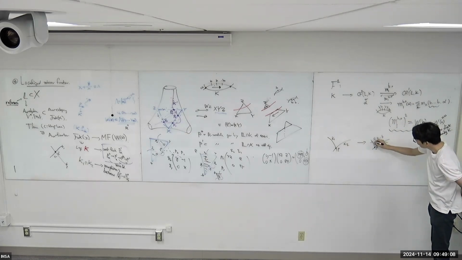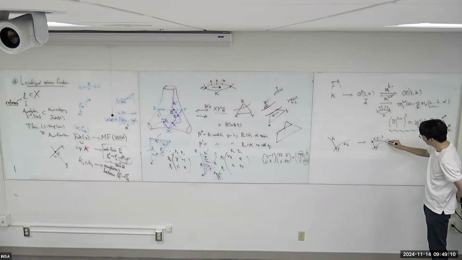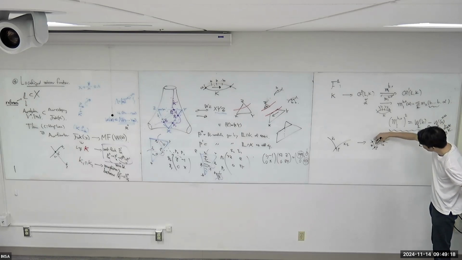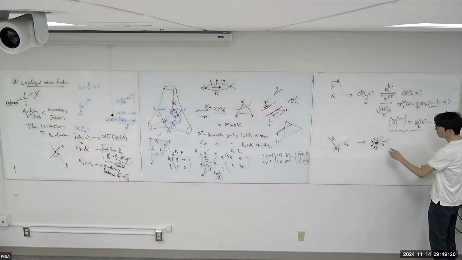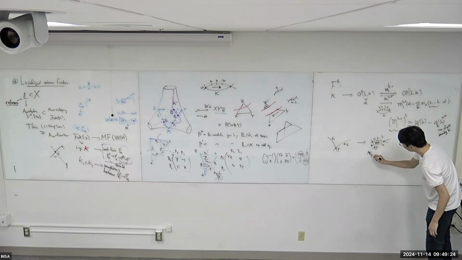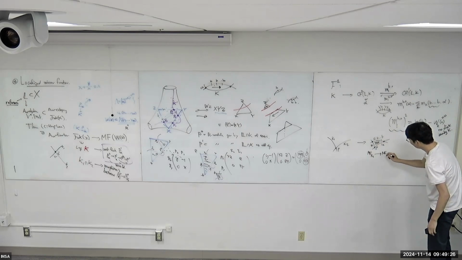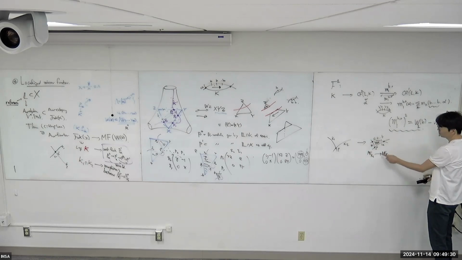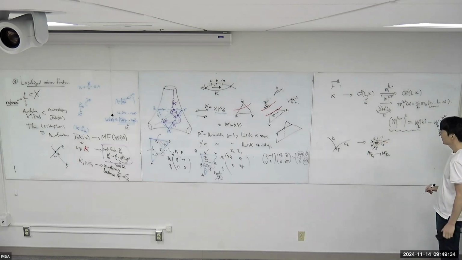And this was the generator of matrix factorization for K1 and L. This is K2 and L. And by counting these kinds of triangles, we usually get a map from some generator. So this is MF for K1 to MF for K2. If P is even, then you get an even map. If P is odd, then you get an odd map.